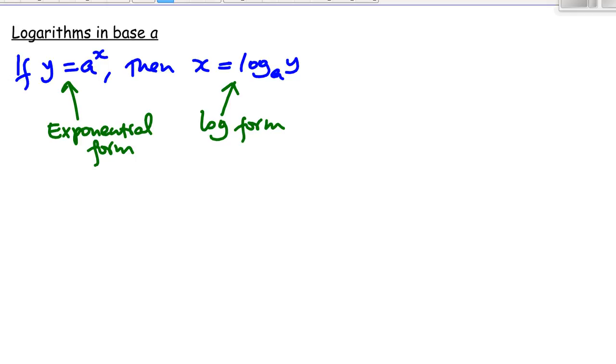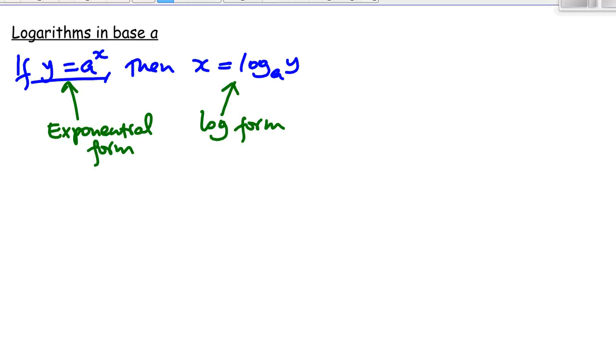But we know that, so we are saying that x is equal to log to base a of y. But we know what y is. y is a to power x.